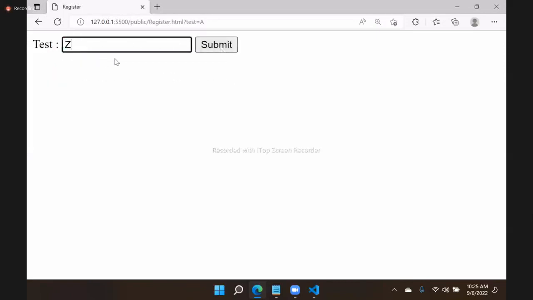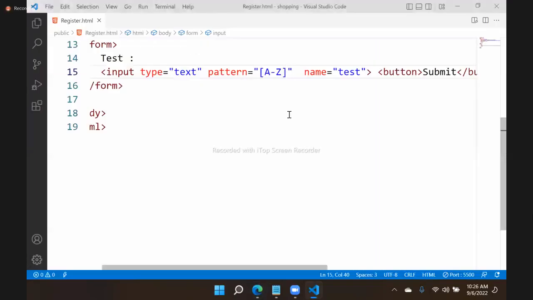Only one uppercase letter, A to Z. If you want to allow two, then you have to use it again like this. Later, we will learn quantity. We can specify the quantity 2, 4, 4 to 6, 6 to 10, anything you can define. As of now, this is individually any one character.